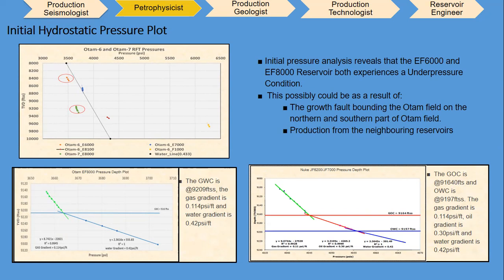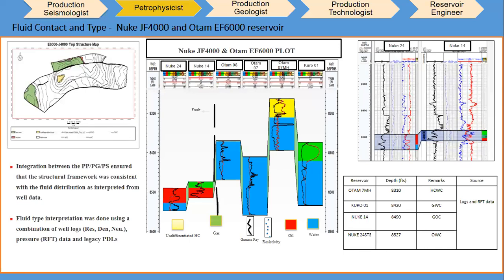Let's go into the fluid contact for more information. Looking at the fluid contact, well 7 was able to log hydrocarbon, only one well, and due to the absence of neutron density, we can't really identify the hydrocarbon, but we know there is a hydrocarbon. Comparing that with the Nuclear, which has the oil, gas, and water, we can't really correlate this.